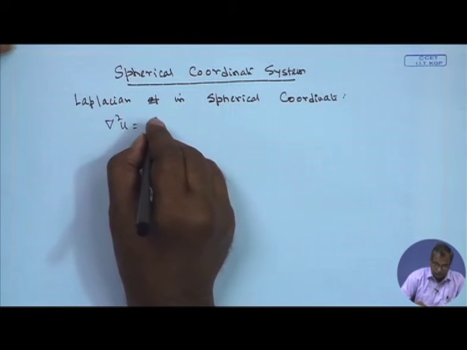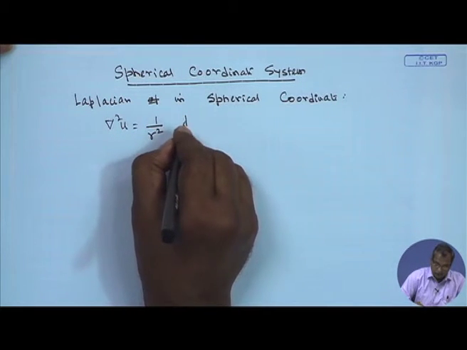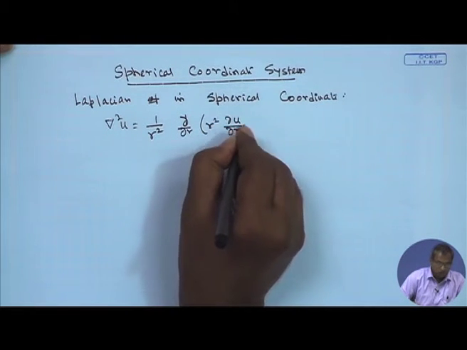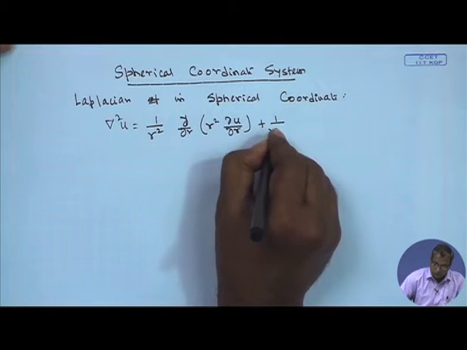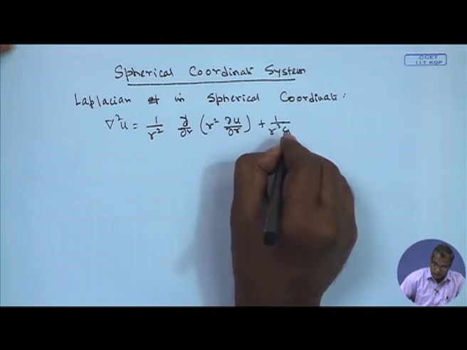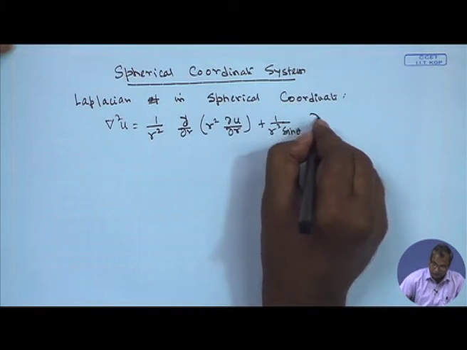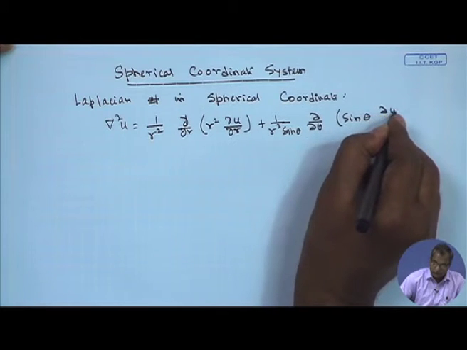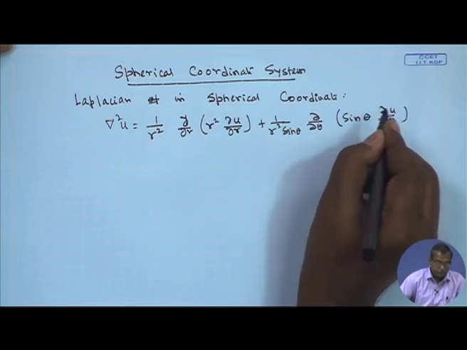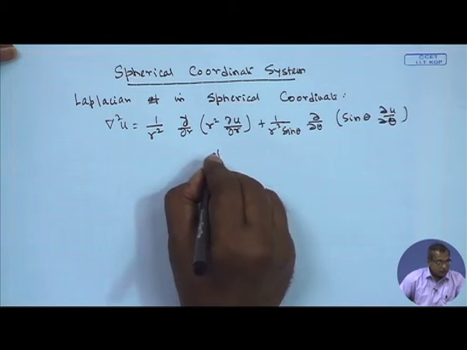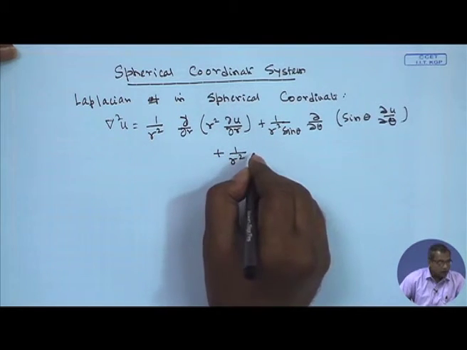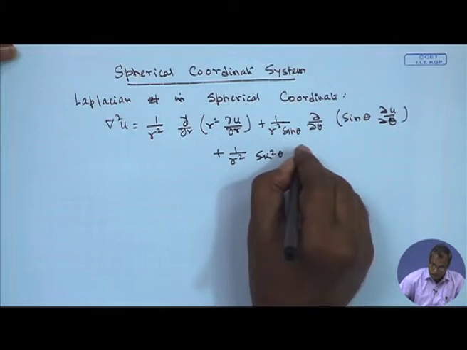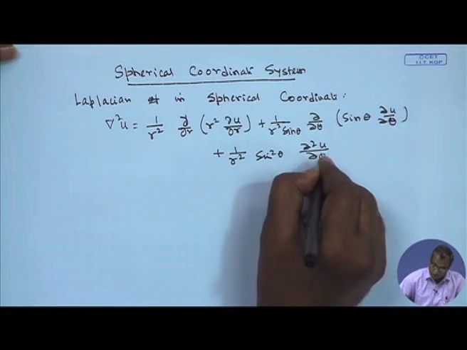It is del square u equal to 1 over r square del/del r of (r square del u/del r), plus 1 over r square sin theta del/del theta of (sin theta del u/del theta), plus 1 over r square sin square theta del square u/del phi square.